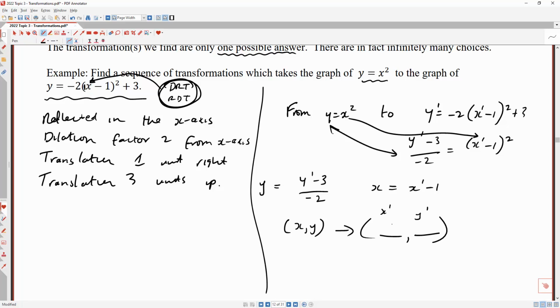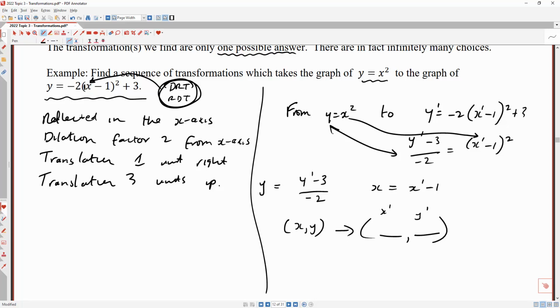So in this case, what we need to get is the things that create the image. What we need is to get x dash by itself and y dash by itself so we can fill in the transformations in here.